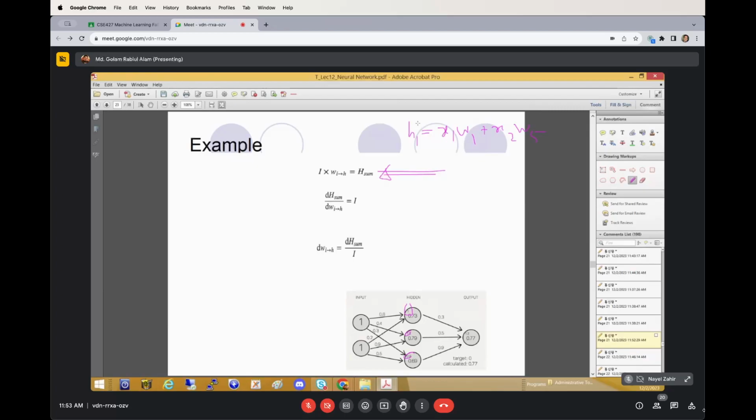So this is our h1. In this case we can see that this is the input and this is our weight of input to hidden layer. So here is the input and this is our weight of input to hidden layer, and we got this hidden sum.